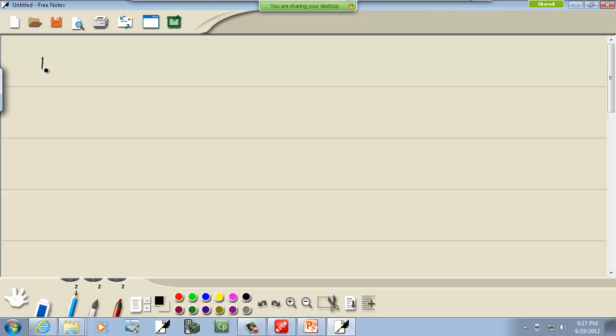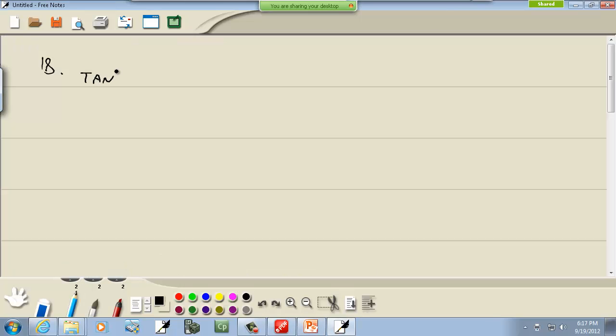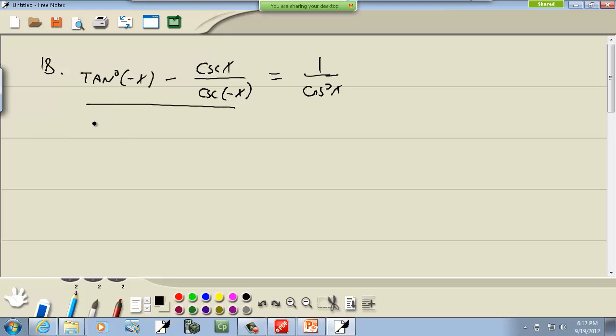So number 18. We got tangent squared negative x minus cosecant x over cosecant negative x equals 1 over cosine squared. Well, obviously I'll start with the left side.